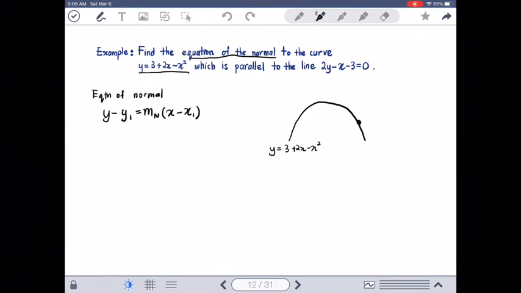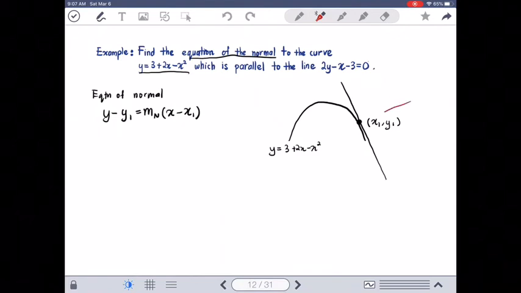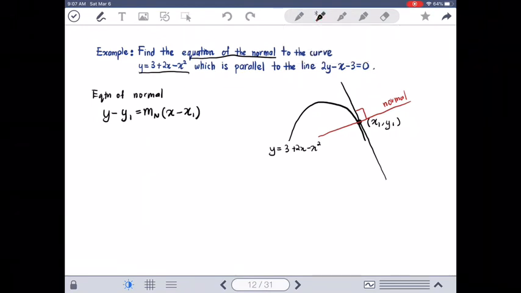And suppose I pick this point as my x1, y1. There is a tangent that passes through that point, and obviously there will be a normal. So this is our normal, and this will be our tangent.